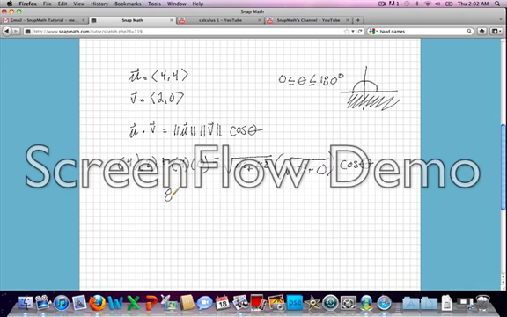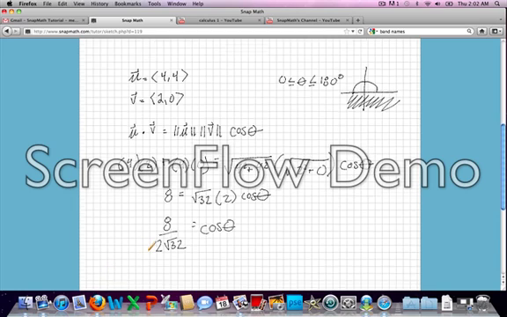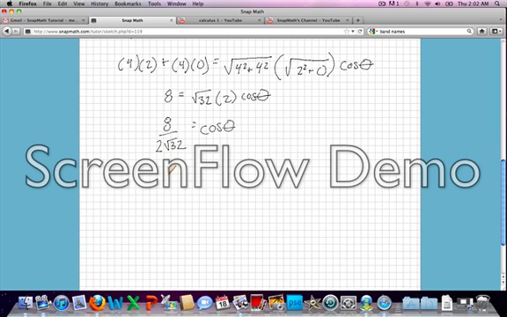Simplifying this all down, I get 8 is equal to the square root of 32 times 2 cosine theta. Since I'm looking for theta eventually, I'm going to solve for cosine theta here. So I get 8 over 2 root 32 is equal to cosine theta. And simplifying that, I get 1 over 2 root 2 is equal to cosine theta.